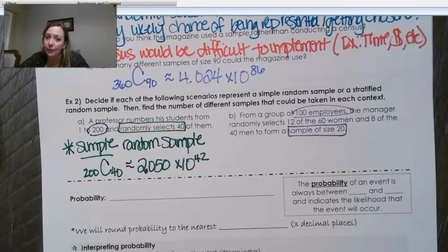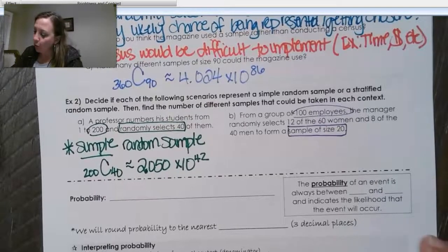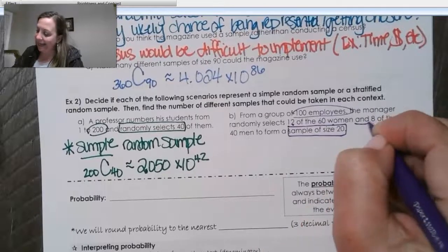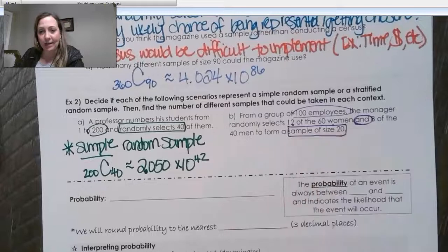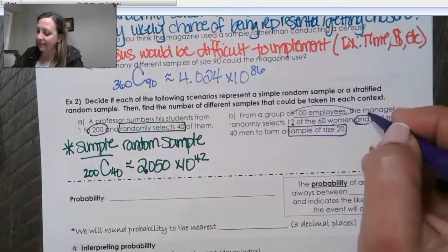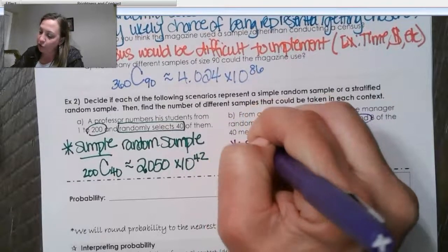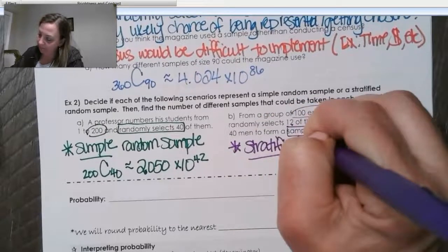We have different subgroups. What we're doing is we're taking 12 of the 60 women and 8 of the 40 men to form a sample of size 20. So because we're dividing it into subgroups, this is going to be a stratified random sample.